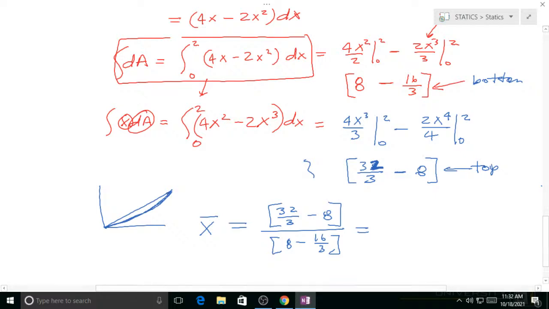I'm interested to see how close that is to a half. 2.6. Is that on top? Yeah, on top. 16.